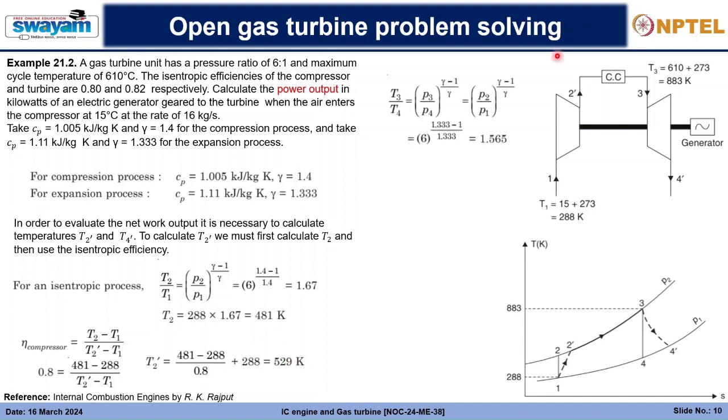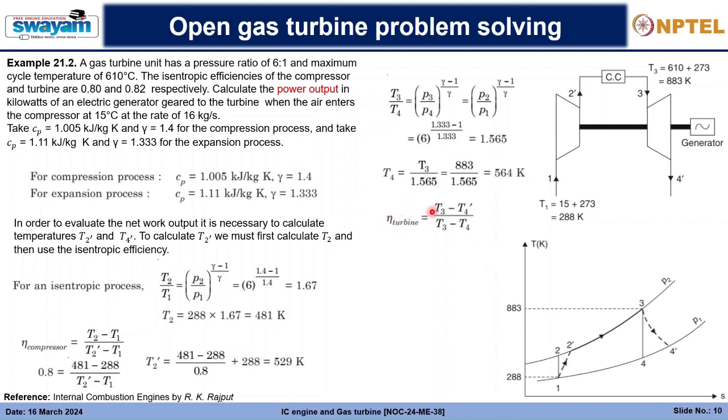Next, if you do the same for the turbine part, you will have an isentropic relationship between states 3 and 4, and you can use it based on temperature and pressure. Since the pressure ratio is given, we need not worry about the individual pressure values, and finally we will get the value of T4 as 564 Kelvin.